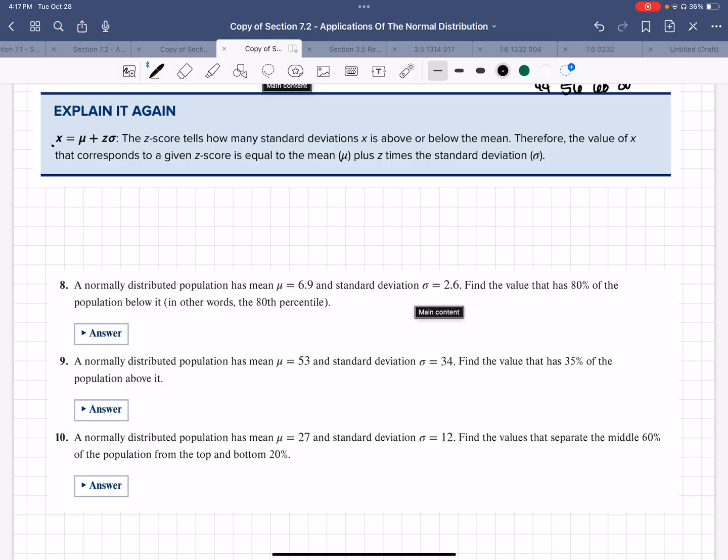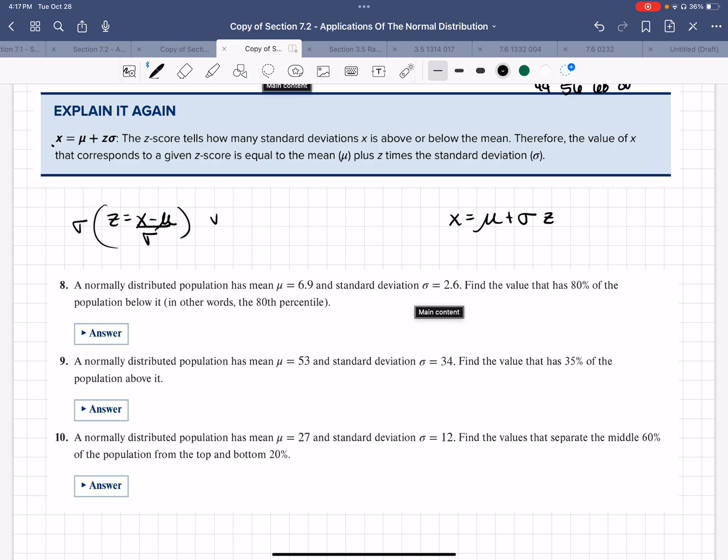The formula that we have, of course, is x equals mu plus sigma times z. I did show you where this came from. We had how to calculate a z-score as x minus mu over sigma. Then when I solve for x, I've got to multiply both sides times sigma.